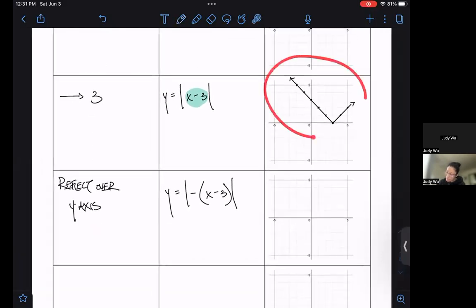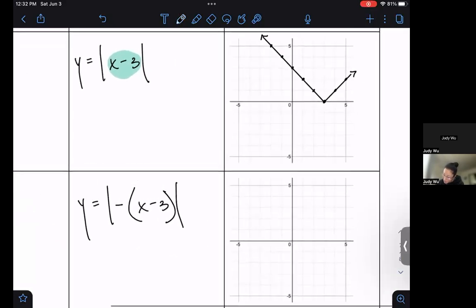So now I take this picture and I'm going to flip everything to the other side of the y-axis. So where does our vertex go? It was at positive 3. Now the vertex is going to move to negative 3. All right, and every point will now be reflected as well. And so I end up with a V shape like this.